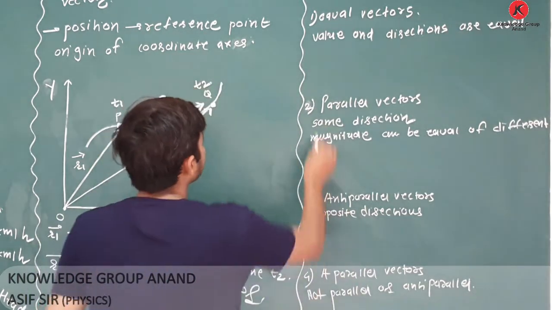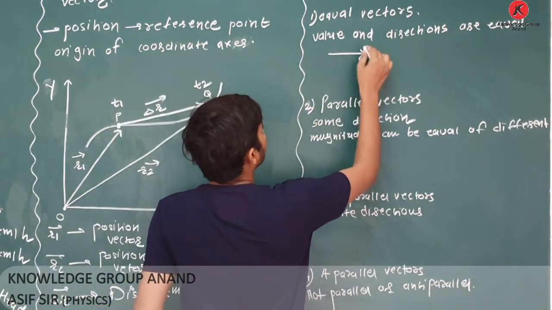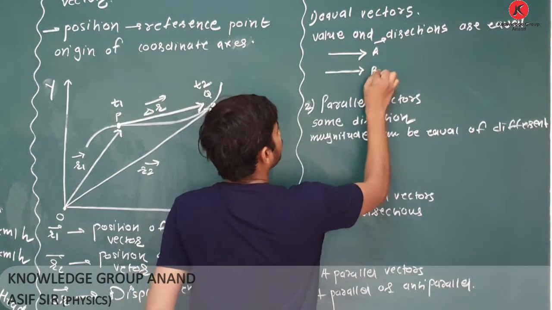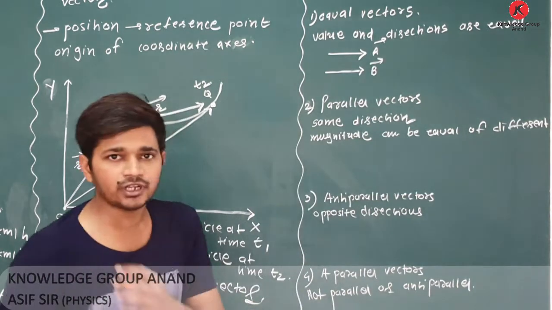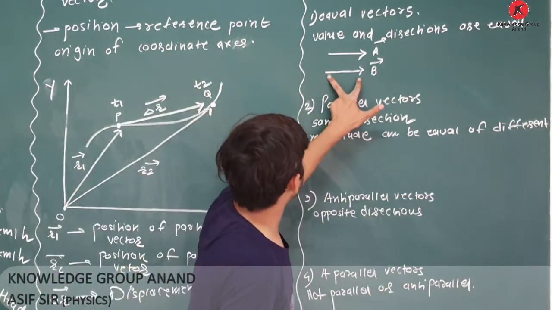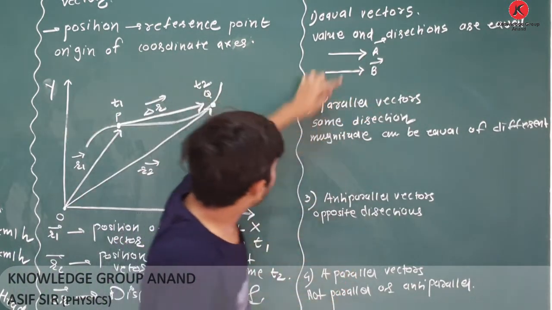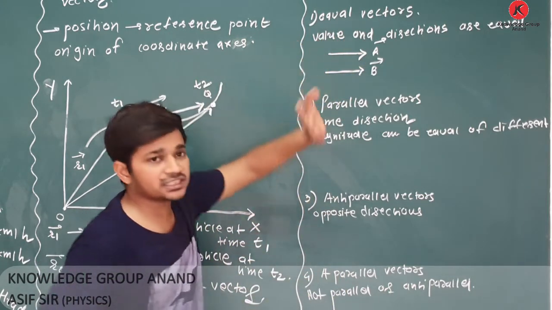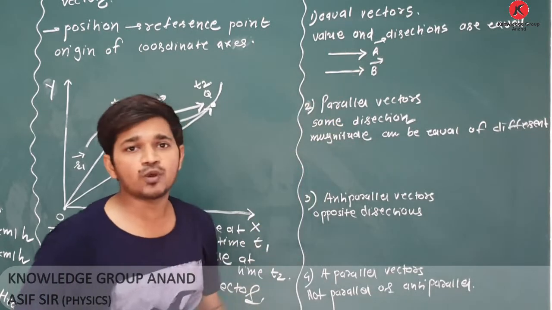For example, see, it is vector A and it is vector B. From this figure it is clear both arrows have the same length, and the heads are also in the same direction. Means value and directions are equal. So such vectors are called equal vectors.